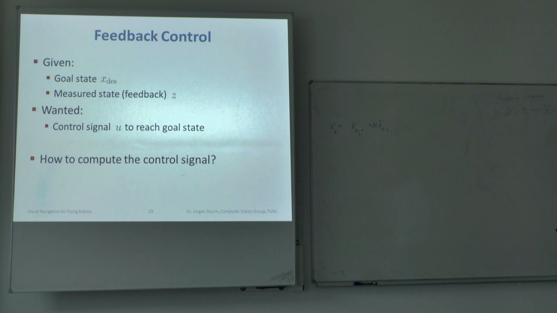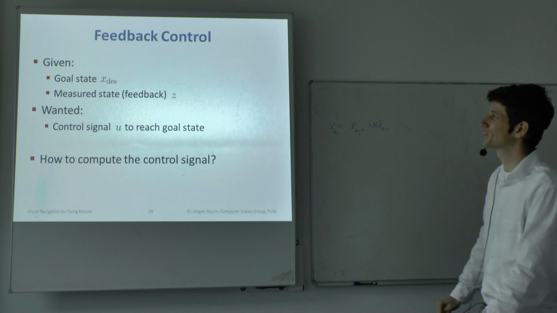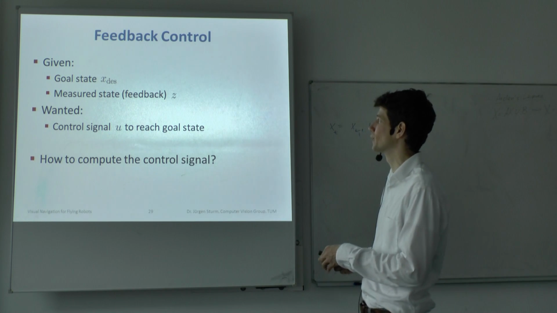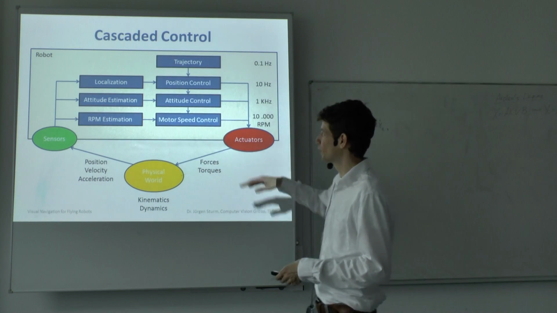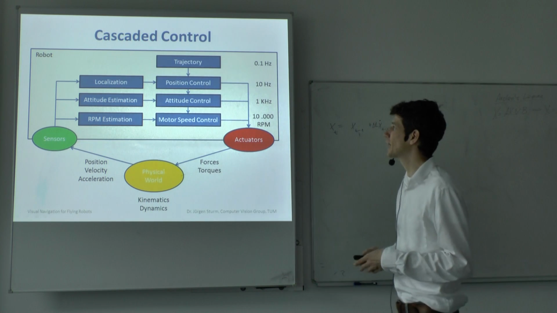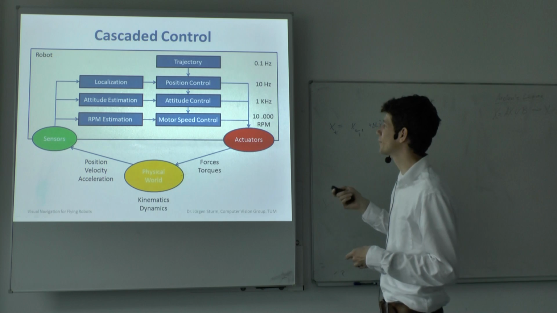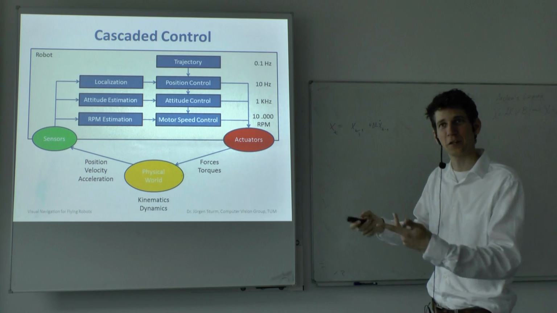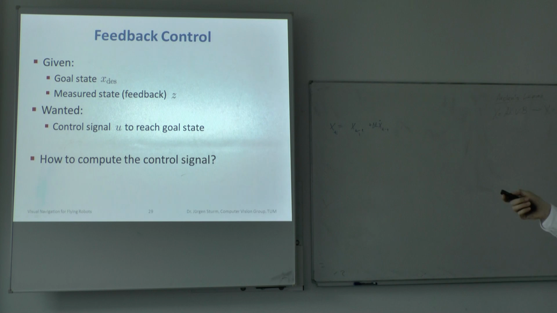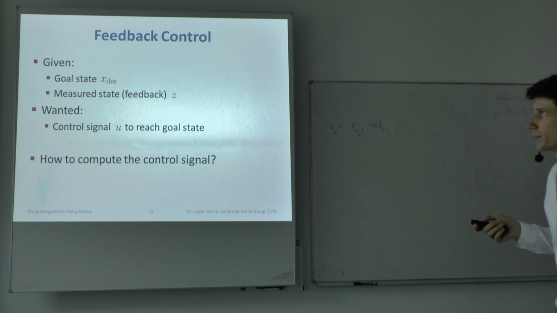Good. Now, how can we actually solve this control problem at all of these levels? I mean, so far I've only motivated why we need all of this, but I didn't show you how to actually generate the control command at each level that we pass on to the next level. So the general problem of feedback control is as follows.